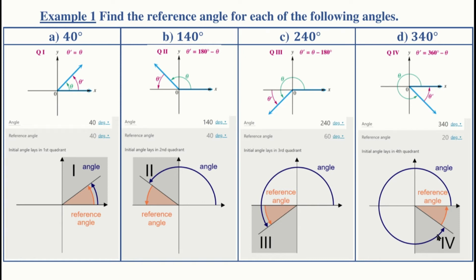So we're going to take the full circle, take away from it the original angle. So in this case 340, so 360 minus 340, this 20-degree angle here will be the reference angle for a 340-degree angle. So make sure you're comfortable with these before we proceed.